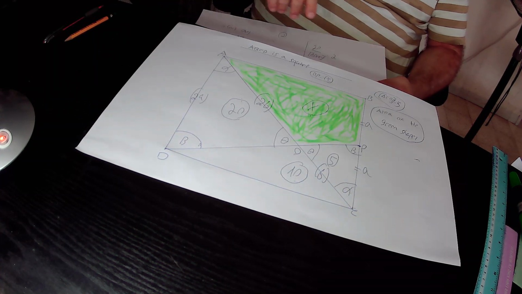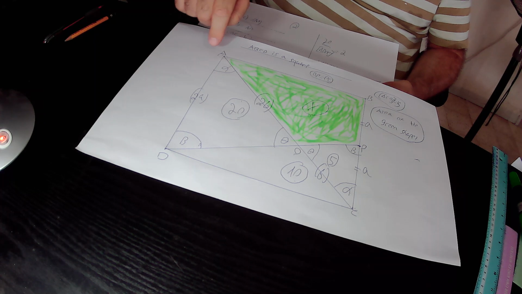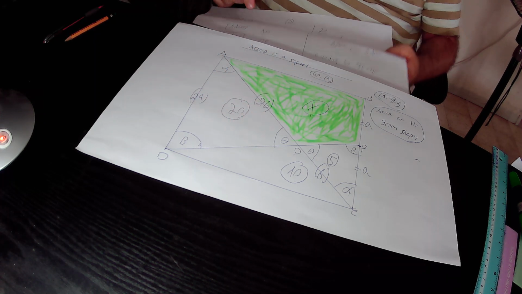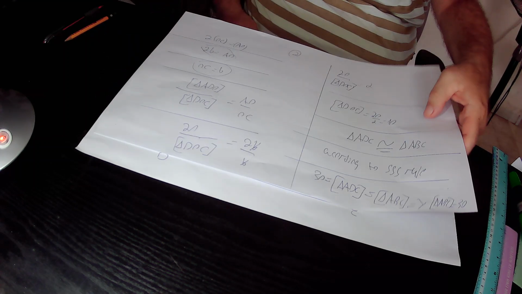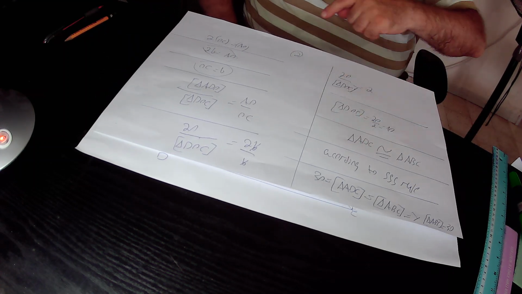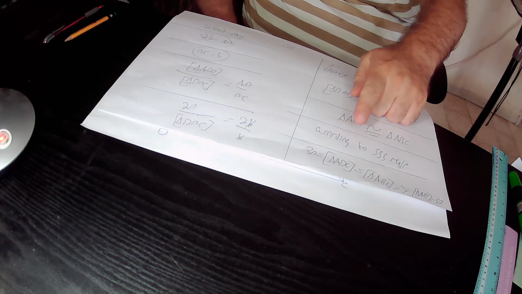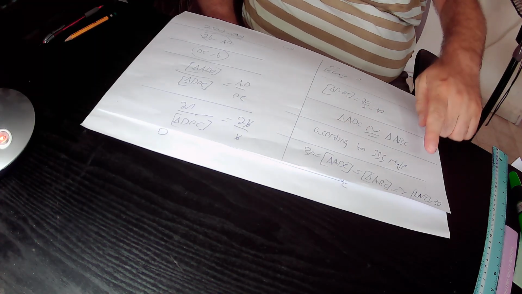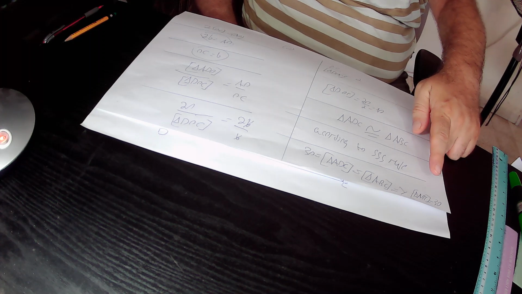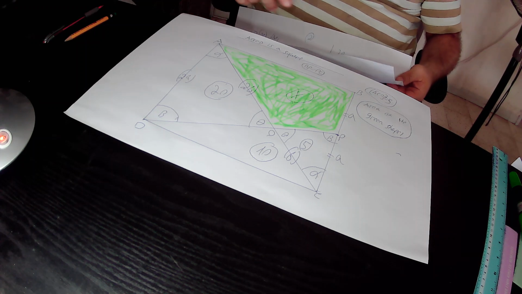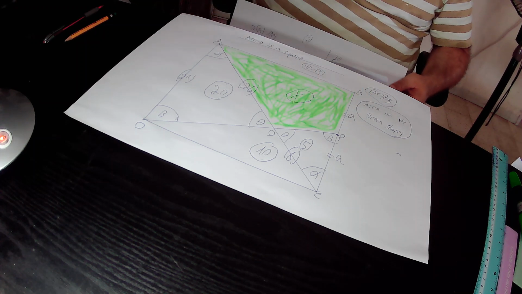But we already found out that the area of triangle ADC is equal to 20 plus 10, that is 30. So we can write here that the area of triangle ADC equals 30 square units. And from this equation, 30 equals the area of triangle ADC equals the area of triangle ABC, we derive that the area of triangle ABC is equal to 30 square units.